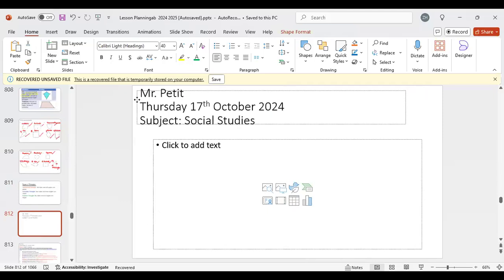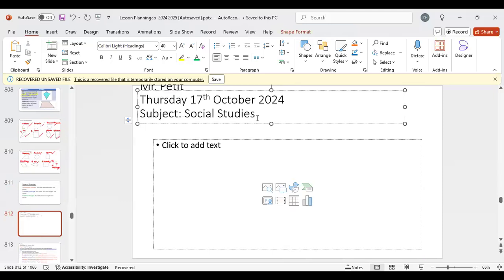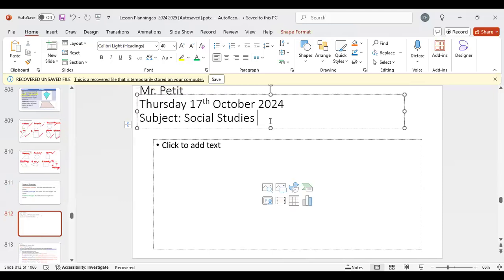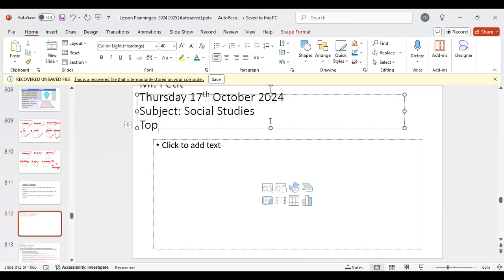We want to talk about the Renaissance and its inventions and how that was connected to sailing. So the topic is the Renaissance and its inventions. Excuse me, Mr. Petit, can I say one? Yeah, tell me one.